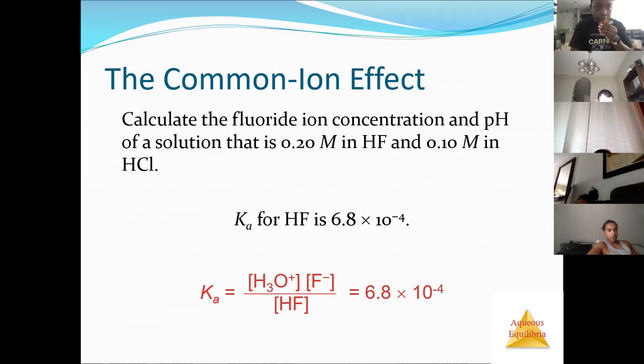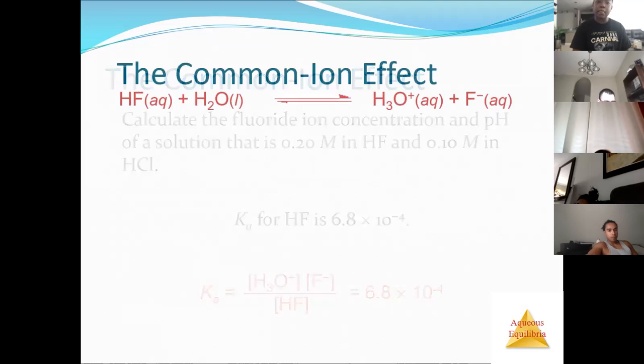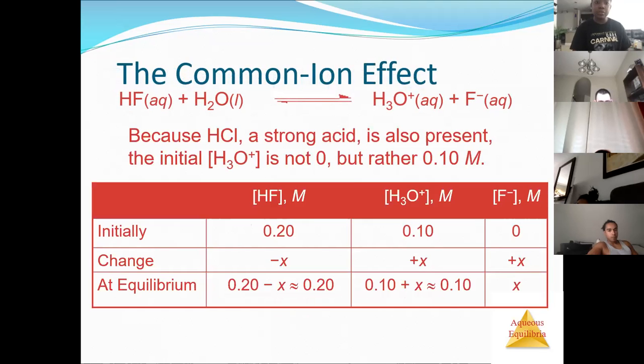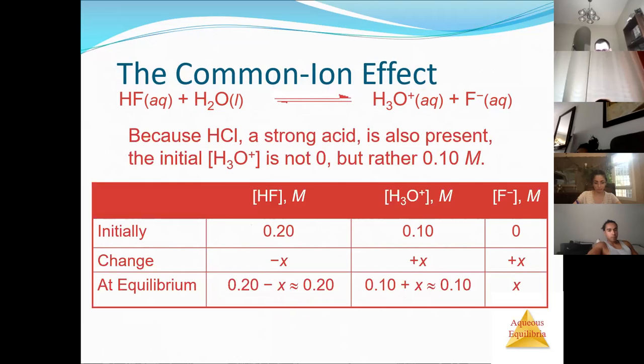HCl totally dissociates, so if I have 0.10 molar HCl, this means I have 0.10 molar H3O+ concentration. When I set up my ICE diagram, I start with 0.10 molar H3O+, 0.20 molar HF, and no F- because the problem doesn't say that I have any F-.